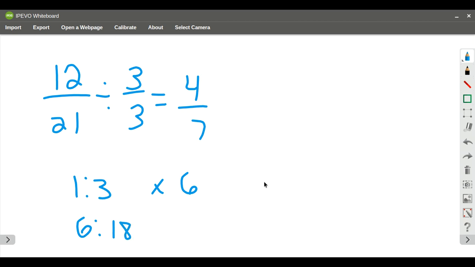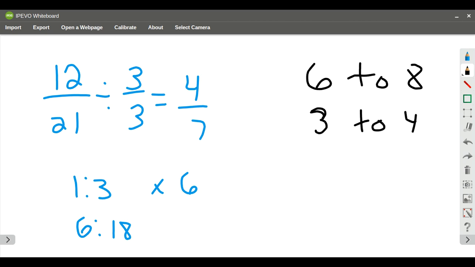And then my last one on number 4, I'm going to do 6 to 8. Again, 6 and 8 have a common factor of 2. So my new ratio, 3 to 4, would be a ratio that is equivalent. I can also multiply.